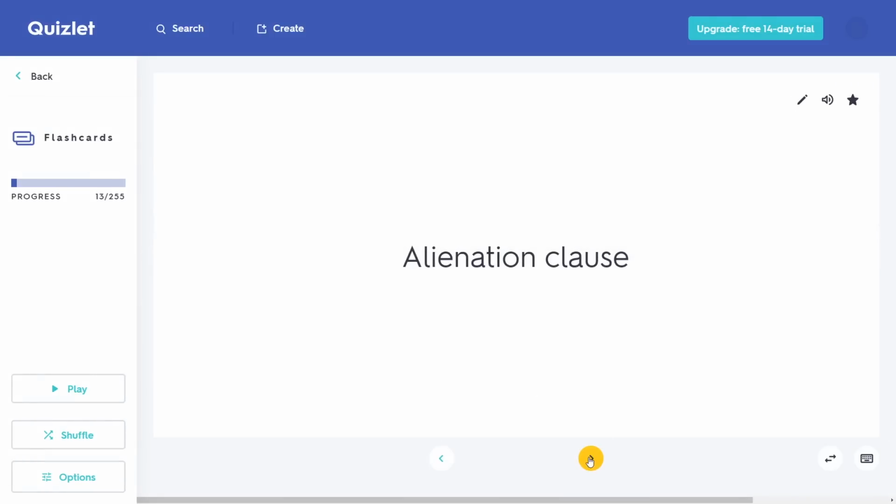So, all right. Amendments. Okay, here we go. This one's a fun one. Let's see if you guys can get exactly word for word what the textbook definition is for this one. Think that one over. All right. What are amendments?